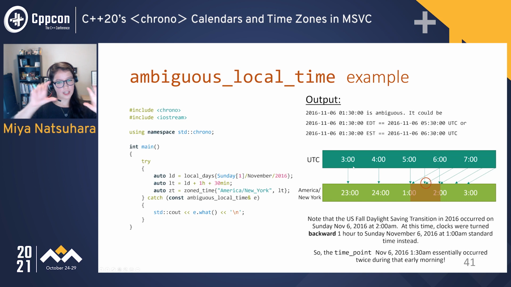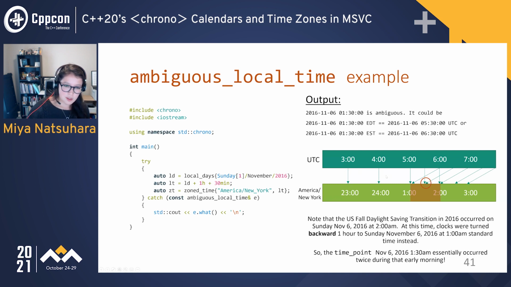So here I have two little ticker tapes of time just clocking along. Clocking along is a very bad pun. There's so many puns in time, in chrono and time when you really try, or even when you're not trying. So UTC time just keeps going normally because UTC time is simple and easy to understand. Whereas American New York down here we line up nicely with UTC.